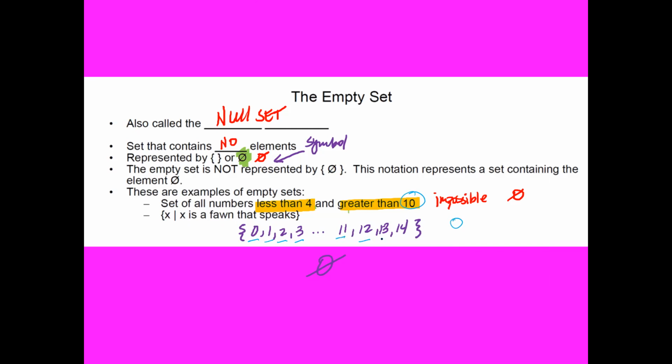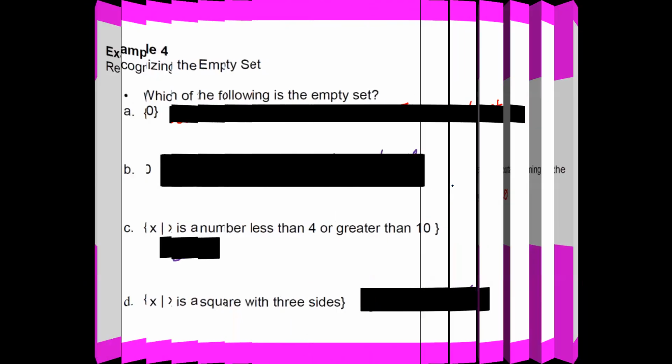So 11, 12, 13, and 14. So is there anything that is going to be smaller than 4, but also bigger than 10? Are there any commonalities here? No. So this is impossible, and therefore it is an empty set, because you can't have a number that's smaller than 4 but also bigger than 10. It just doesn't happen that way.